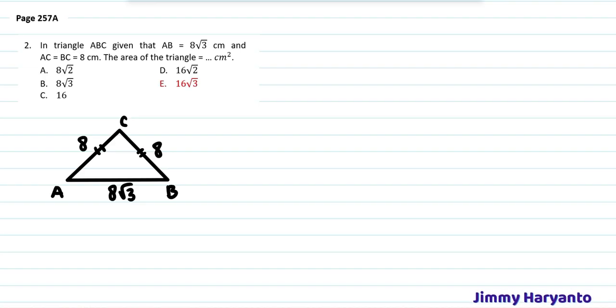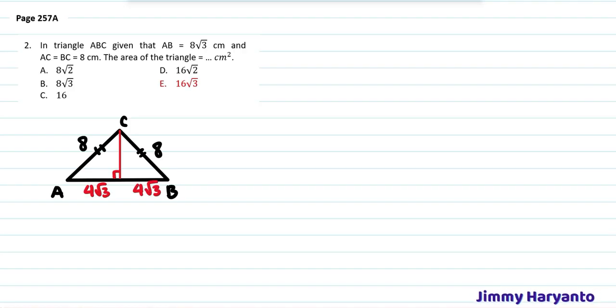Okay, so for this one, I think we can find the area of the triangle without using the formula of half AB sine C, because this is an isosceles triangle. That means we can divide the 8 square root of 3 into 2 parts. So you have 4 square root of 3 right there, and then 4 square root of 3 right here.